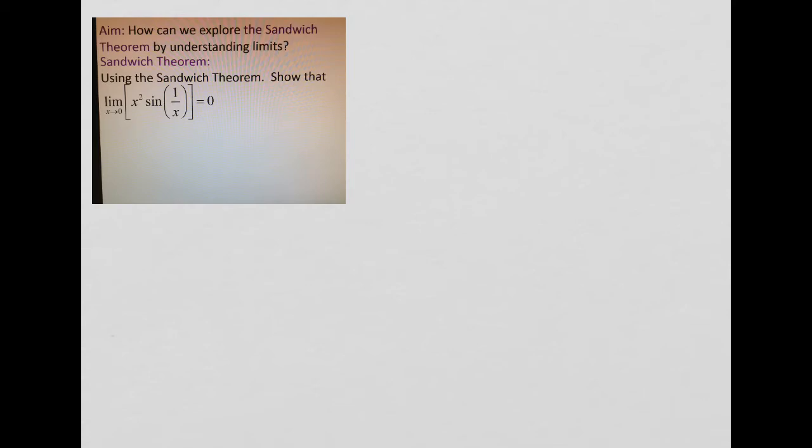All right, first step is to understand that this is involving the sine function. The sine function, we know, has a maximum value of 1 and a minimum value of -1. So that means that the values of sine lie between -1 and 1.